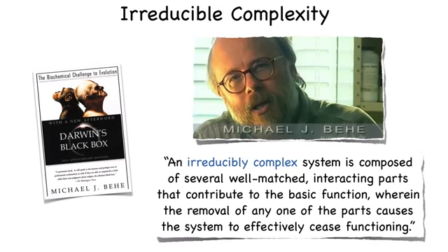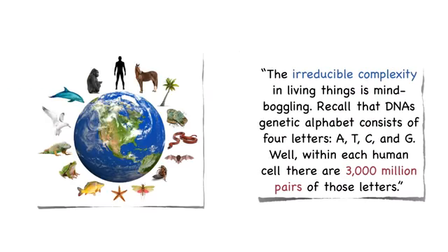We read, "An irreducibly complex system is composed of several well-matched interacting parts that contribute to the basic function, wherein the removal of any one of the parts causes the system to effectively cease functioning." And they add, "The irreducible complexity in living things is mind-boggling.